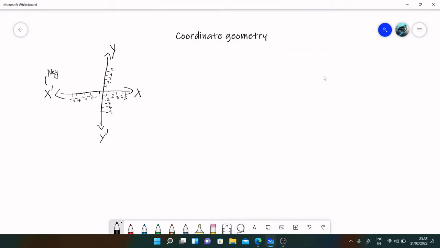X dash is negative, y is positive, x is positive, and y dash is negative. We can also say y is north, x is east, y dash is south, and x dash is west.